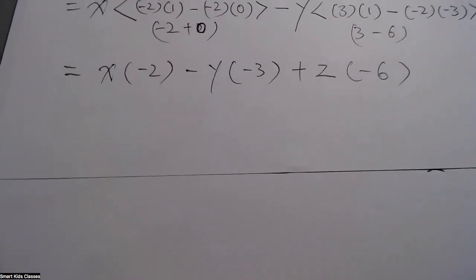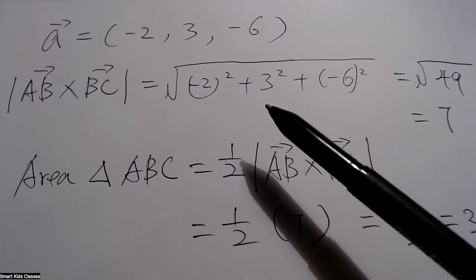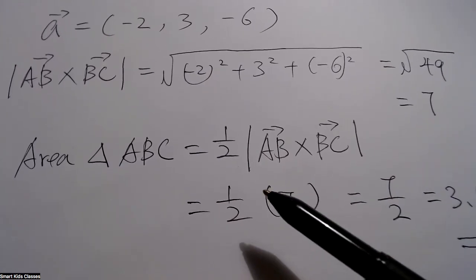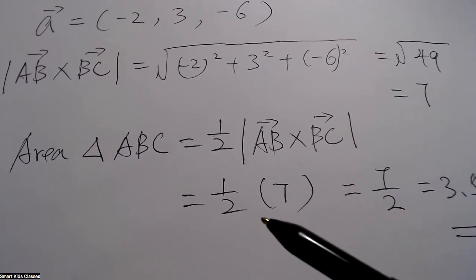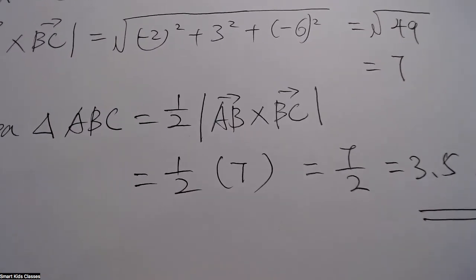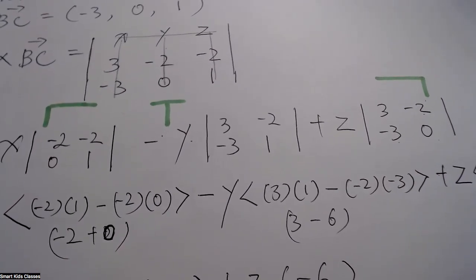When you get the vector, you use the magnitude equation and find the magnitude of this vector product. And 1/2 of the magnitude will be the area of the triangle. So wow, we solved it already. It isn't hard, but you have to be careful with details and memorize the formulas. And the key thing is to memorize the steps of doing the cross product and the shape like that.